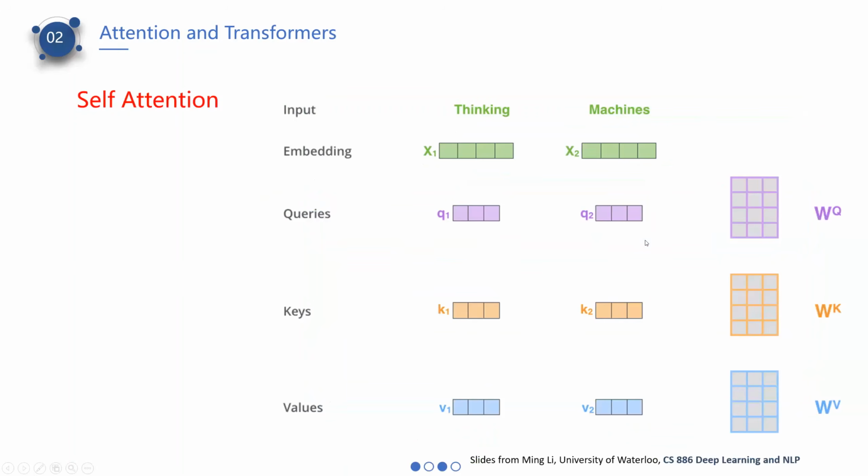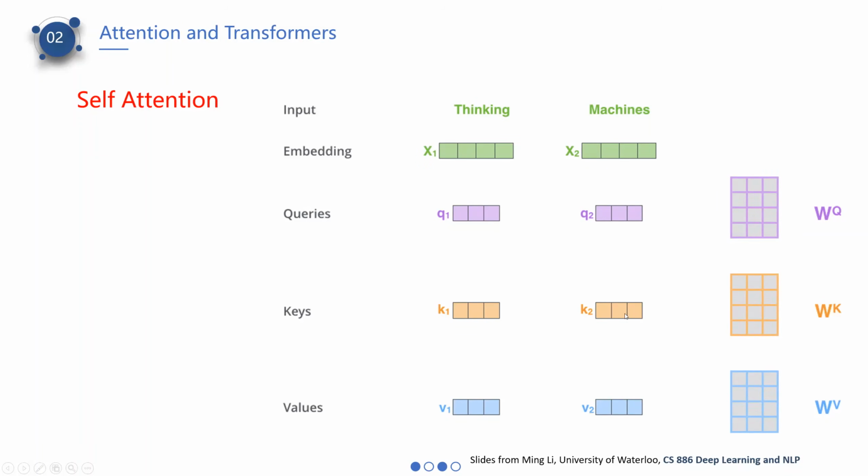Okay, so here's more detail. We have Thinking Machines. We do the embedding, X1, X2. Then, as we said, we do self-attention first. So we generate the query, key and value for this word, and the query, key and value for this word: Q1, K1, V1, and Q2, K2, V2.